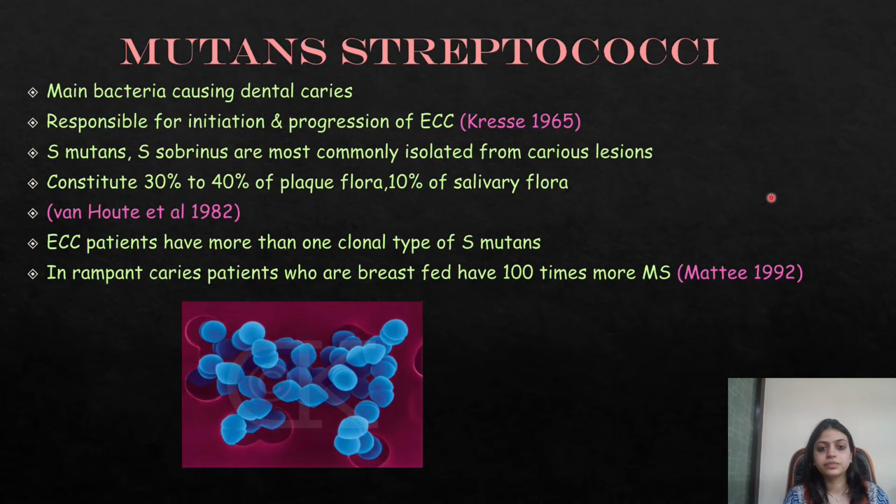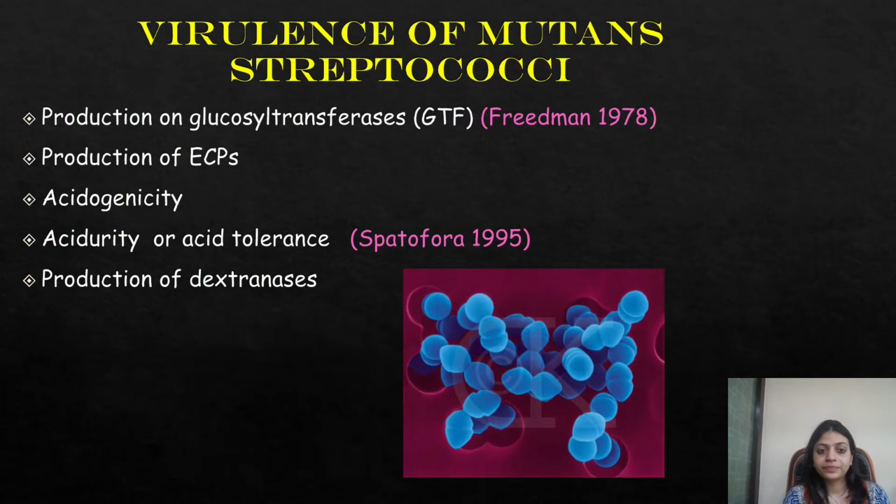Okay, early childhood caries patients have more than one clonal type of Streptococcus mutans. And in rampant caries patients who are breastfed, they have 100 times more mutans streptococci. Okay. The virulence depends on these factors: production of glucosyl transferases, production of extracellular polysaccharide, acidogenicity, aciduricity or acid tolerance, and production of dextranases.